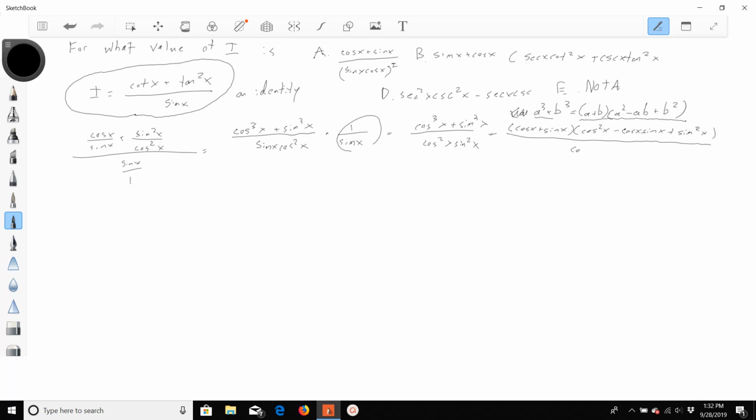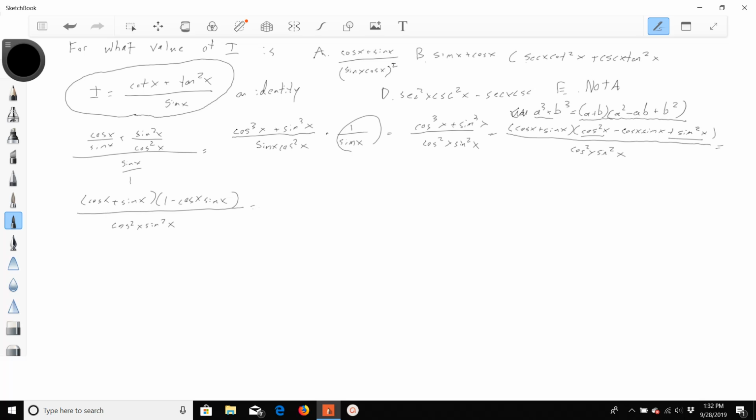Now, cosine squared and sine squared, when added together, give 1, which was really the whole point of why we did this. So we're going to get cosine x plus sine x times 1 minus cosine x sine x, all over cosine squared x sine squared x.